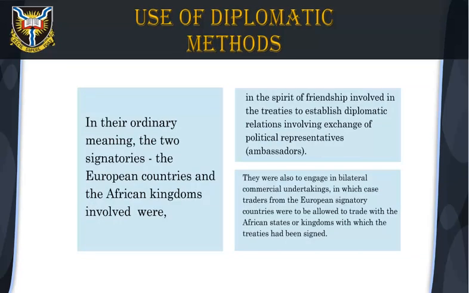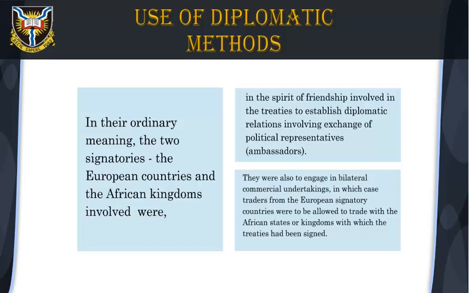In their ordinary meaning, the two signatories, the European countries and the African kingdoms involved, were, in the spirit of friendship, involved in the treaties to establish diplomatic relations involving exchange of political representatives, ambassadors.